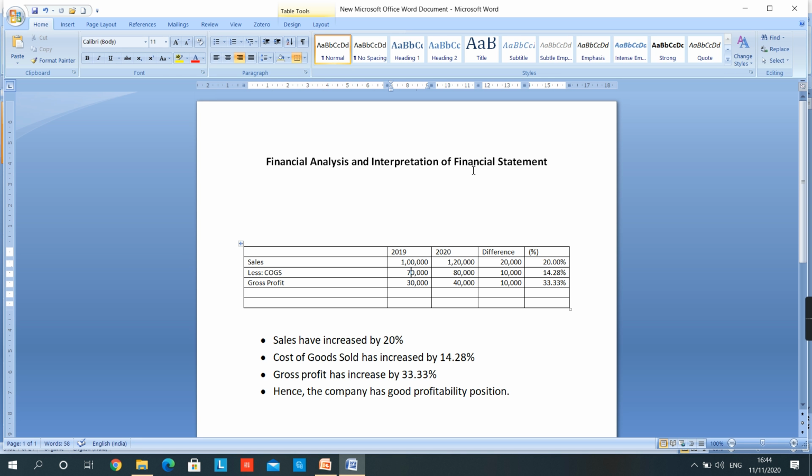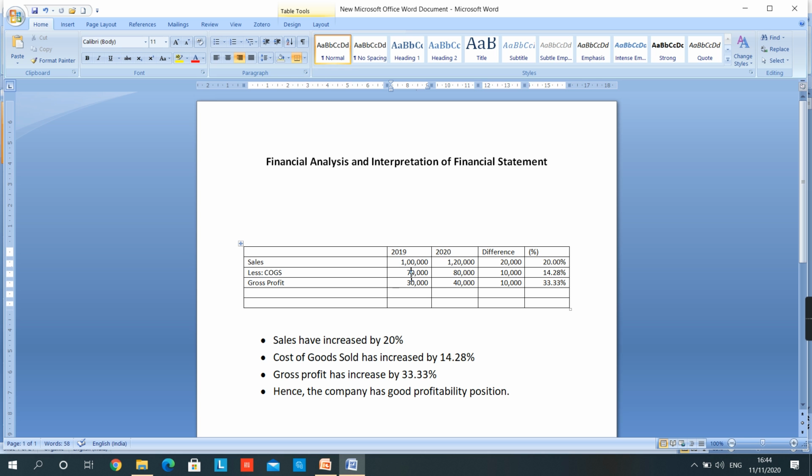For the sake of understanding what is analysis and interpretation, I have taken the data of a particular company from 2019 and 2020 of sales, cost of goods sold, and gross profit. In the years 2019 and 2020, sales are 1 lakh and 1 lakh 20,000.